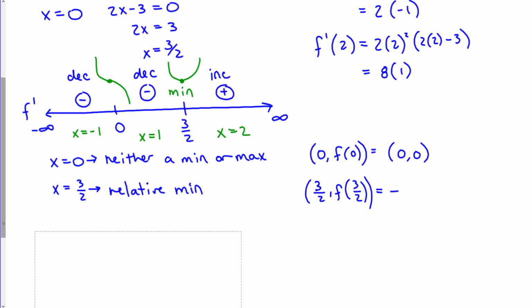So the coordinate pair would be 3/2 and negative 1.6875, or if you wanted as a fraction, you could have solved it and gotten negative 27/16. But if you're graphing it, a lot of times it's the decimal approximation that you need for the graph.